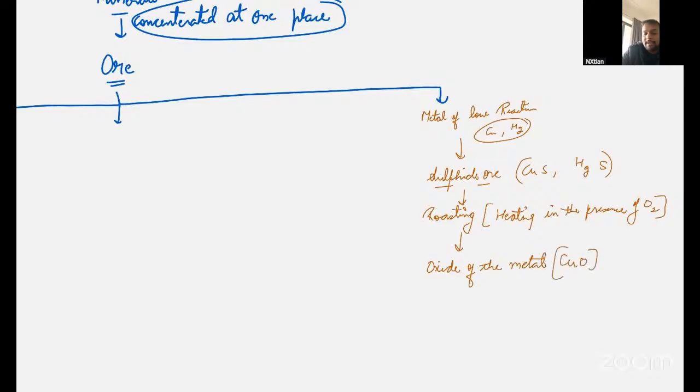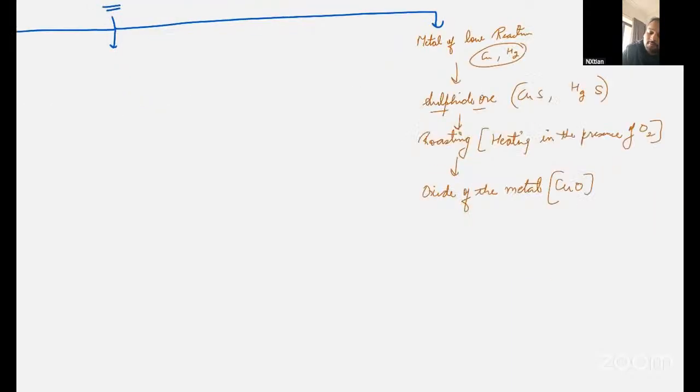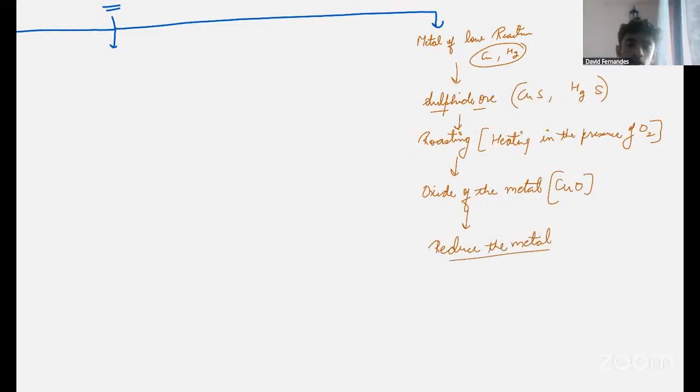So it means that we have to remove the oxygen from it. And the process of removing oxygen is called reduction. So we have to reduce the metal. Got it, guys?